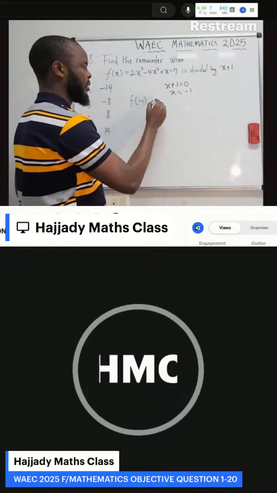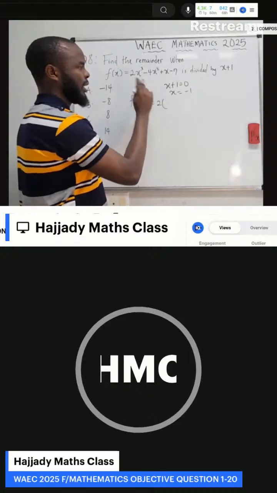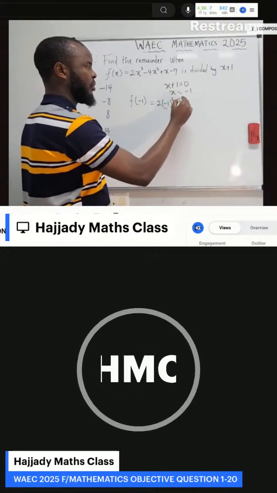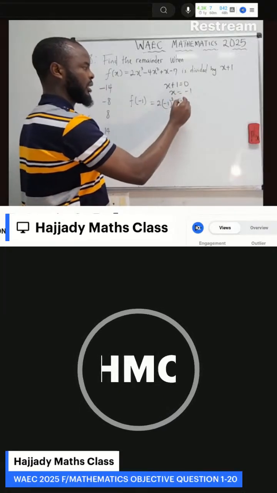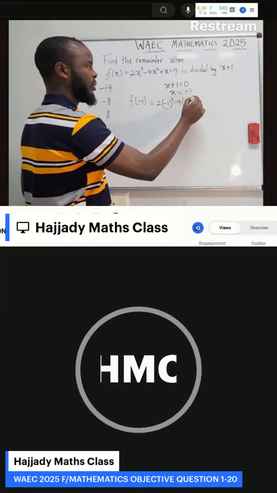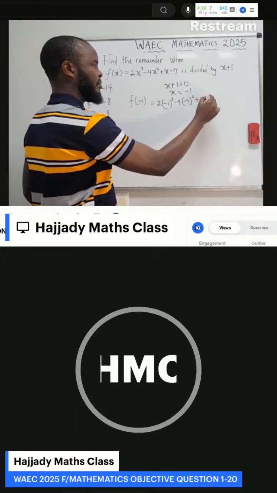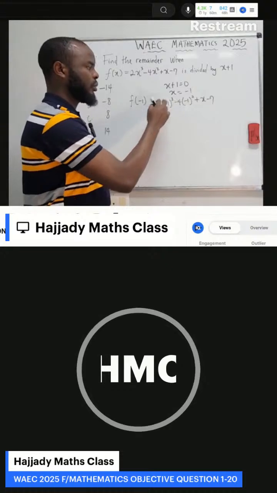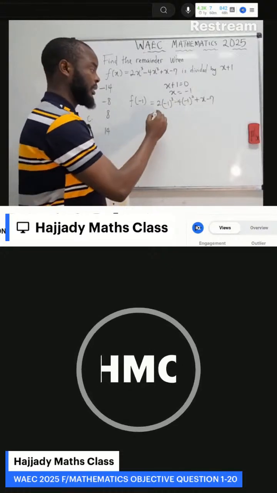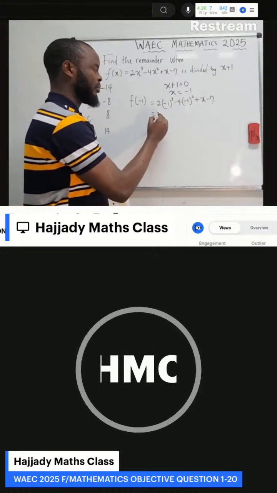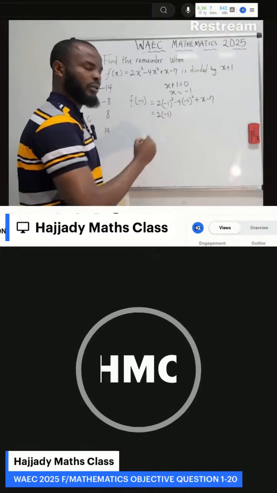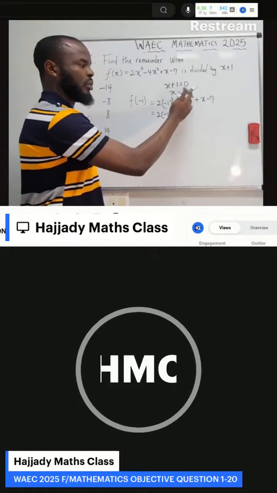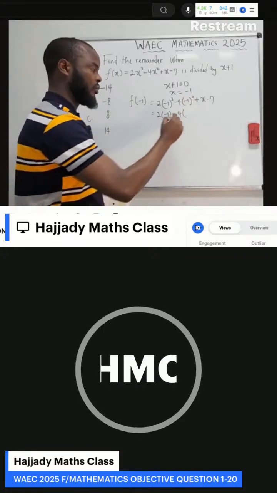Now we have 2 times x, which is negative 1 to the power of 3, minus 4 times x, which is negative 1 to the power of 2, plus x minus 7. Now, negative 1 to the power of 3 is negative 1. So here we still have 2 times negative 1, minus 4. Negative 1 to the power of 2 is positive 1.